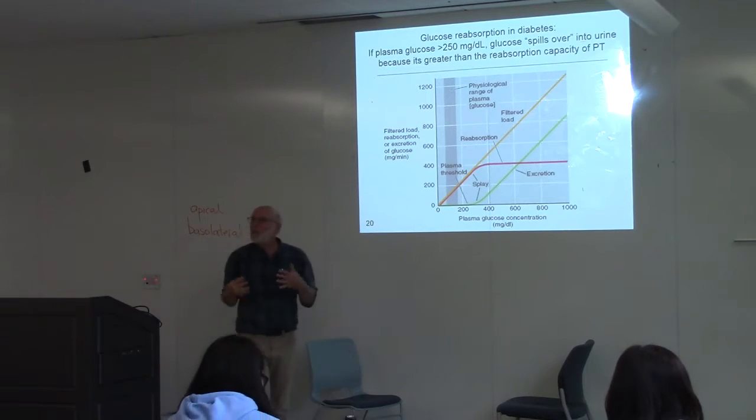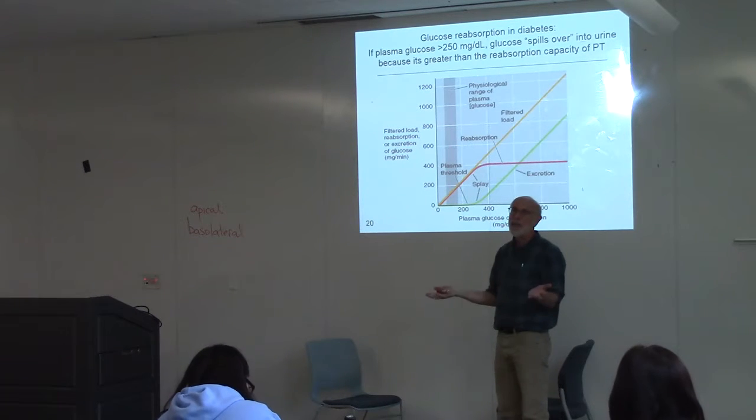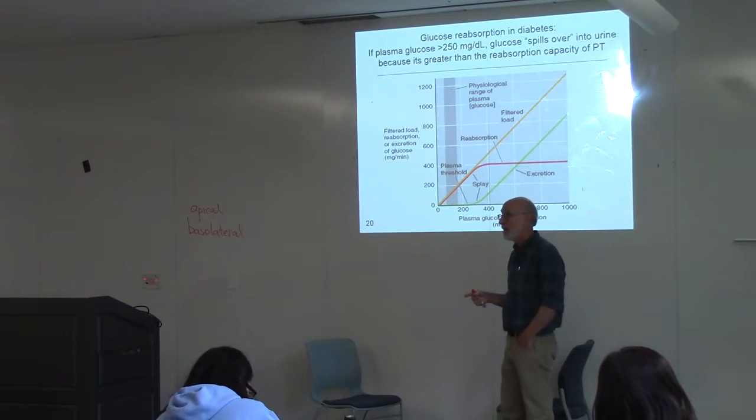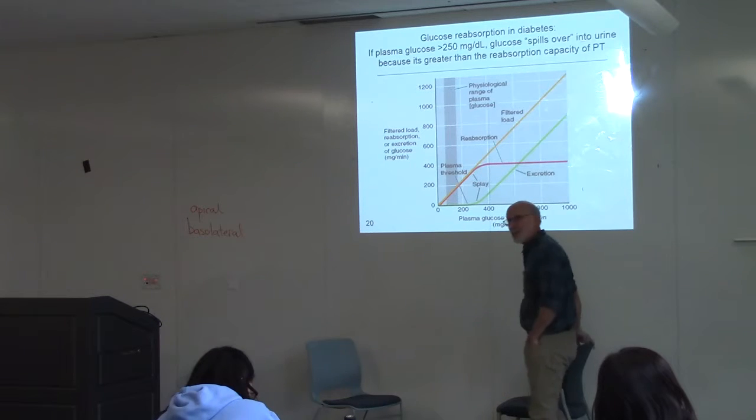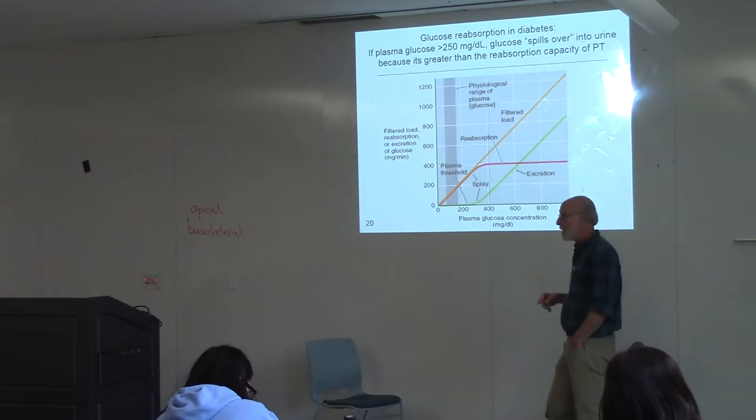If the glucose gets past the proximal tubule, you will excrete it and lose it. And that's what happens in diabetes. So here's a slide. Here's some data. This is actual data. I mean, it looks like a cartoon, but it's actual data.